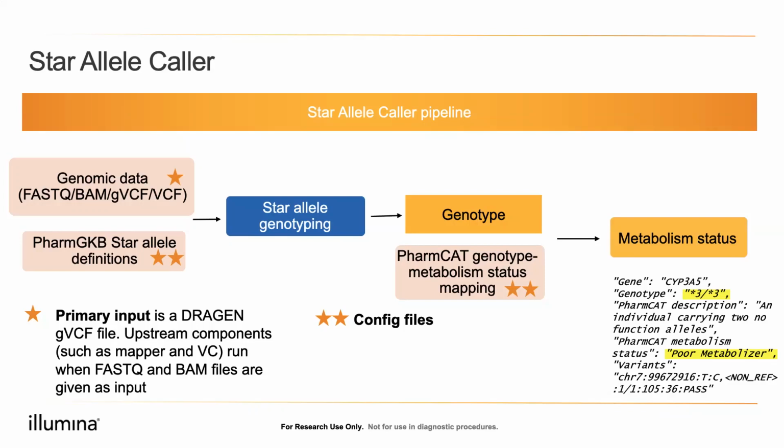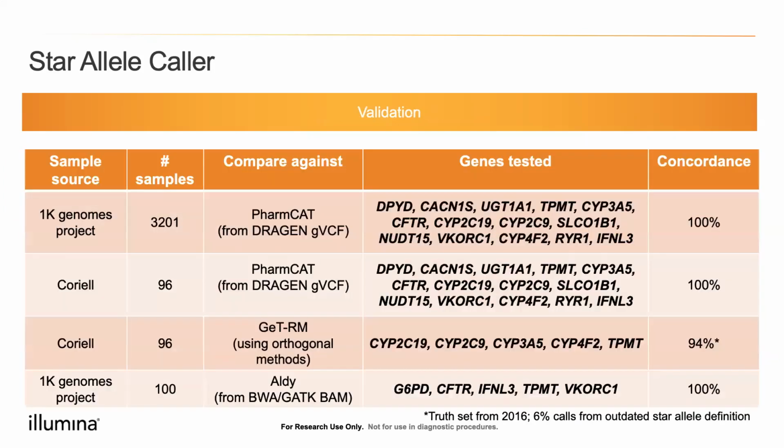And ultimately, we end up with the genotype, the PharmCAT metabolism status, as well as a number of other metrics. You can see that across different sample types, we have high concordance to existing methods. Here where we don't have 100% concordance, that 94%, it is because the truth set was from an outdated star allele definition that's been changed. So really we have high concordance to existing methods.